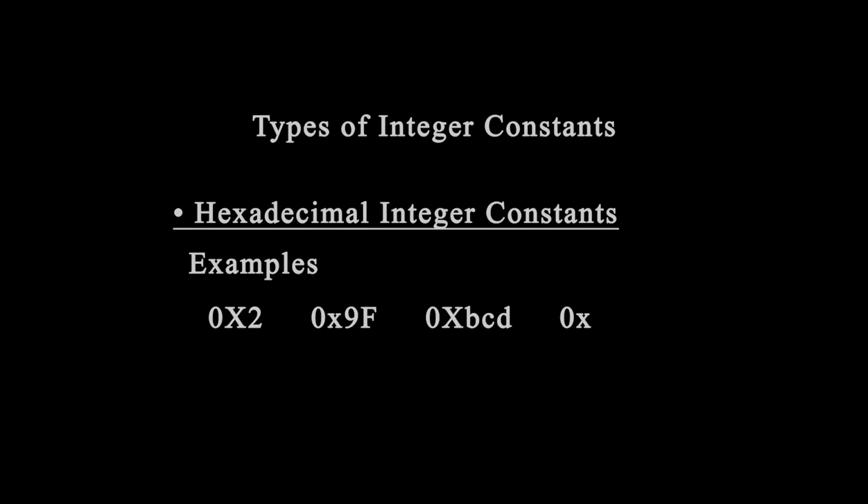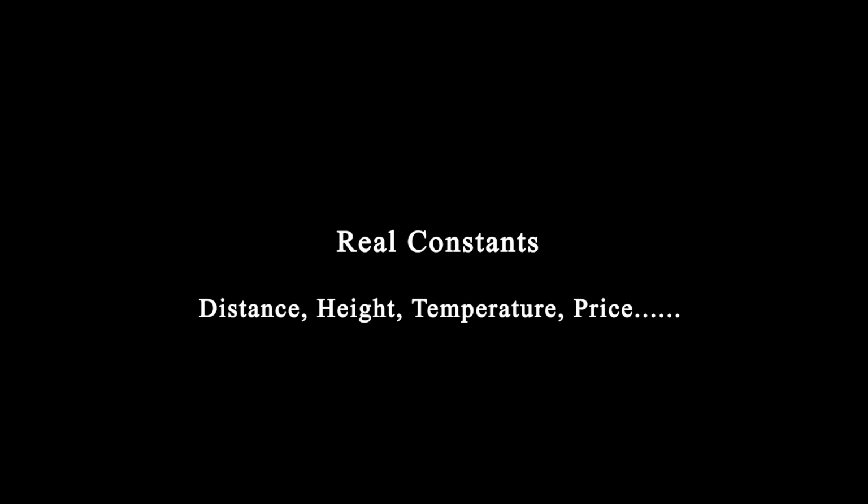Now let's move on to real constants, which are the second variety of numeric constants. Integer numbers are inadequate to represent quantities that vary continuously, such as distance, height, temperature, price, and so on. These quantities are represented by numbers containing a fractional part like 17.548.